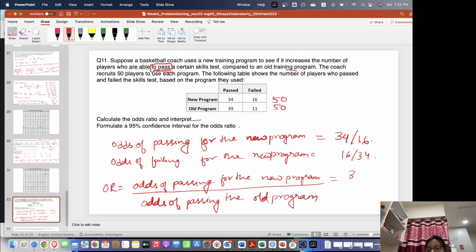So this is 34 by 16 over odds of passing the old program, which was 39 by 11. This ratio comes out to be 0.599. This is the odds ratio.